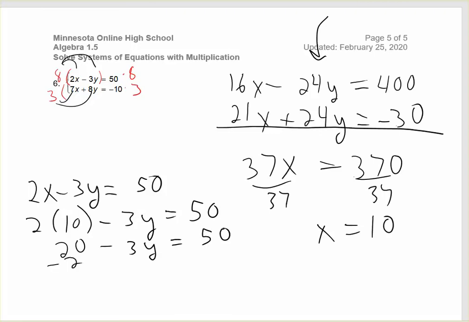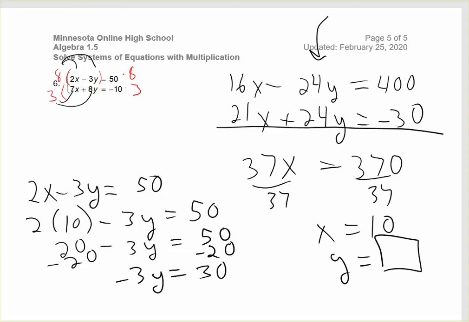Then we would subtract 20 from both sides, and we would get negative 3y equals 50 minus 20, which is 30. Then you will divide by negative 3, and you'll be able to figure out what y is equal to. I'll let you finish that up, then write it as a coordinate point, and then check your answer and make sure that it works.